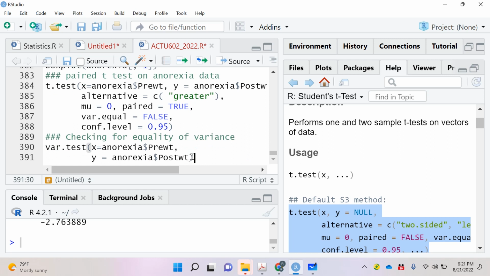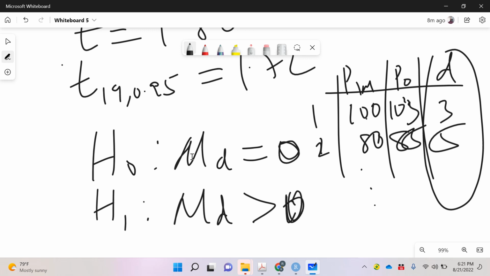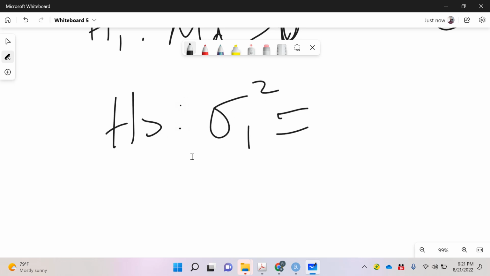So this is an F test where we are testing H naught: sigma1 squared is equal to sigma2 squared. Remember, we have pre-weight and post-weight. So sigma1 is for pre-weight, sigma2 is for post-weight.